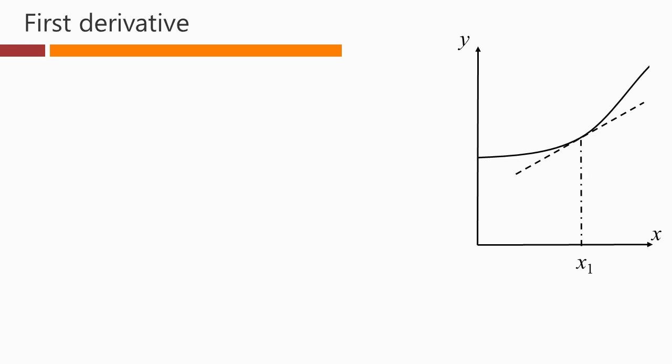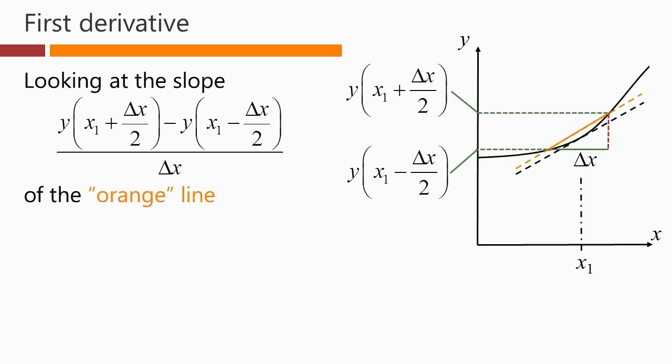So let's look more closely at the first derivative, and let's define what we mean by that. What we're going to do for the moment is not start out by looking at the slope of the black line here, but look at the slope of this upper line, this orange line. And we can write down what that slope is. So the change in y as we go from this point to that point, we can write down mathematically.